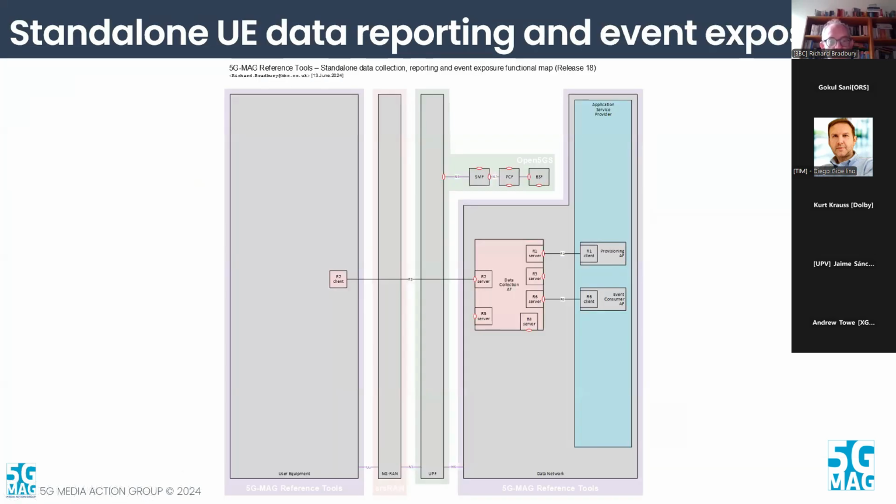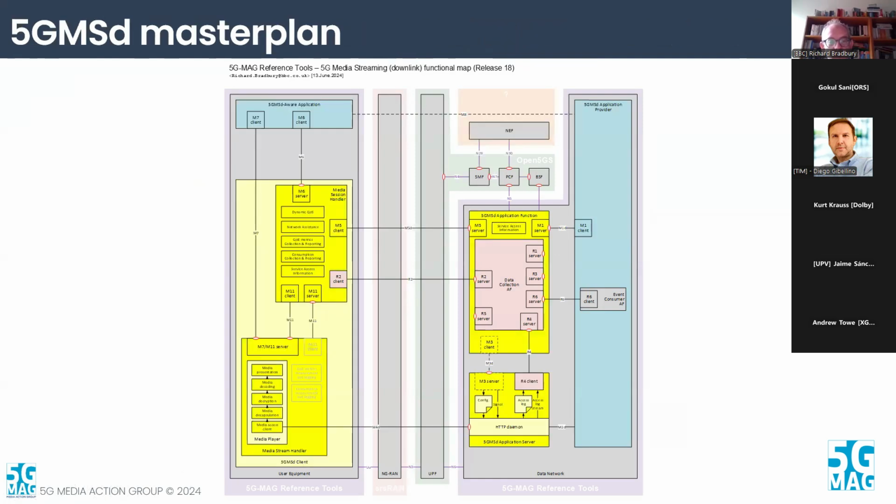So here's the picture I showed you before, and then here's all the missing pieces. The yellow bits show how it integrates in the 5G media streaming system. This thing that's doing data reporting gets instantiated in the 5GMS media session handler. All of this data collection AF reusable library gets instantiated in the 5GMS application function.